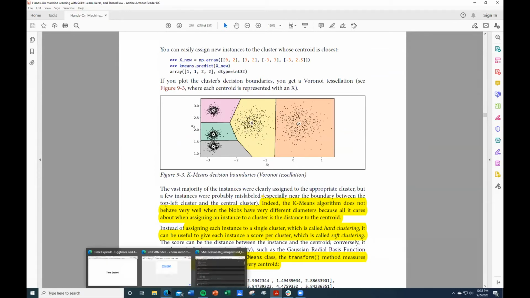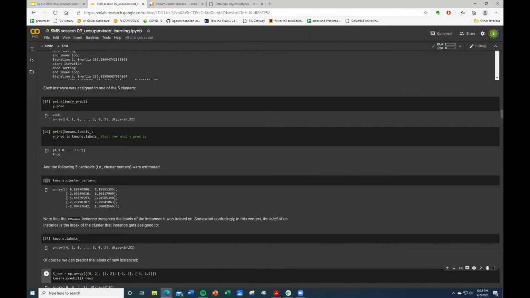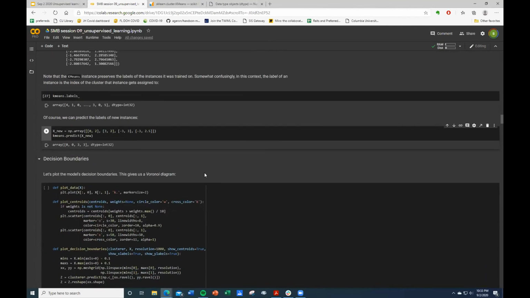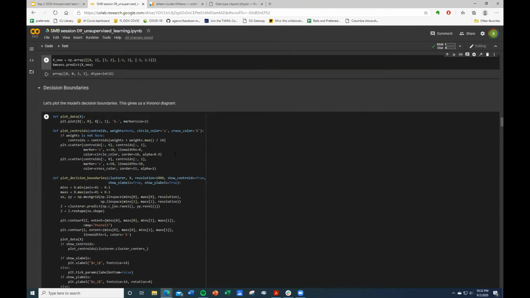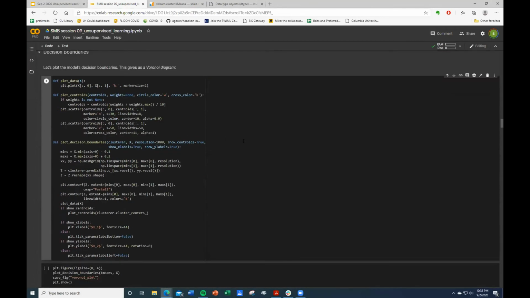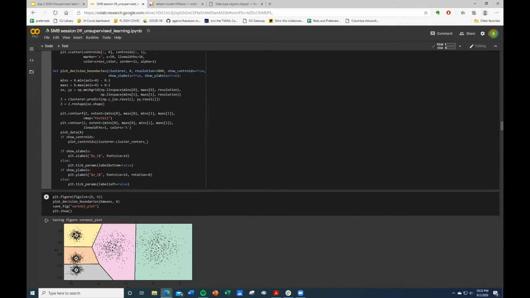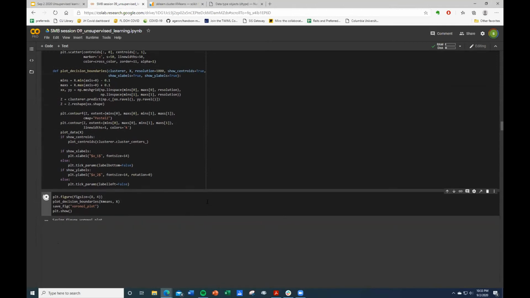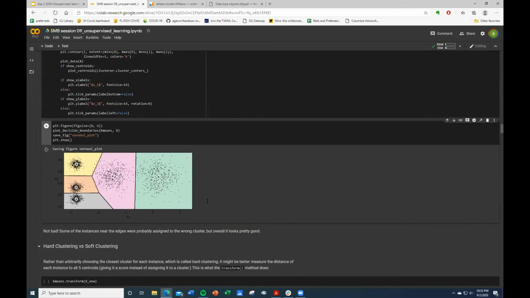Okie doke. In that case, I'm going to keep going on, and let's talk about the decision boundaries. So he gives us this great plot subroutine, and now we're going to plot the decision boundaries for these 5 different classes.